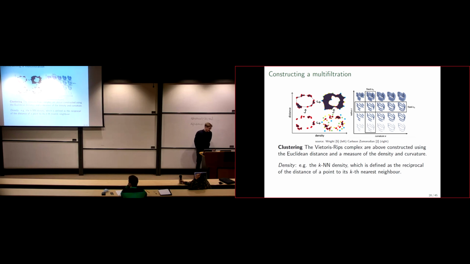The density in the first case uses the k-nearest-neighbor density that I mentioned to you before, and the curvature, I believe, is sampled from an algebraic variety, and they have an estimate of the curvature at each point.